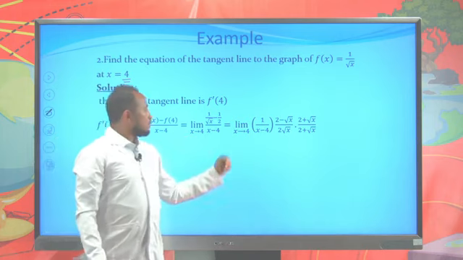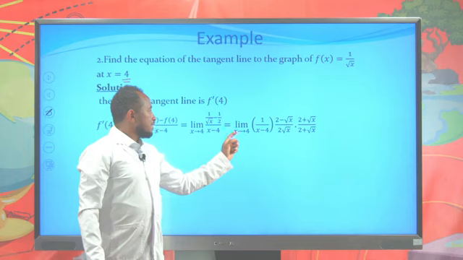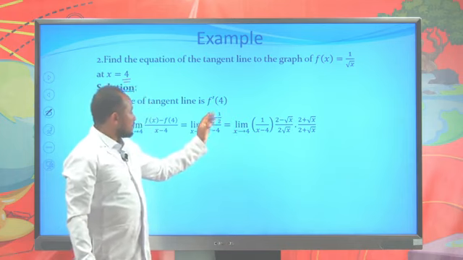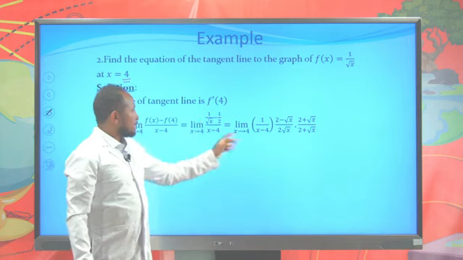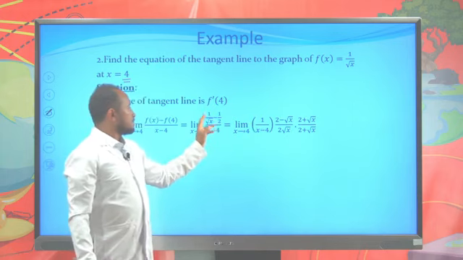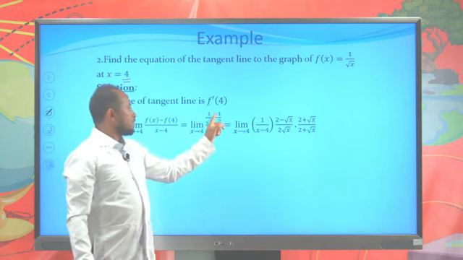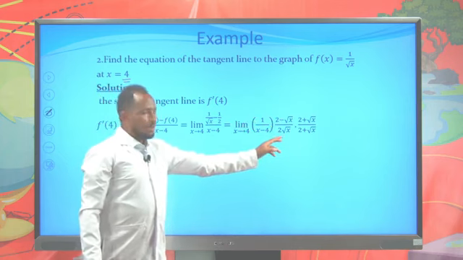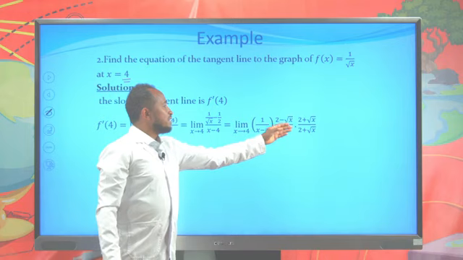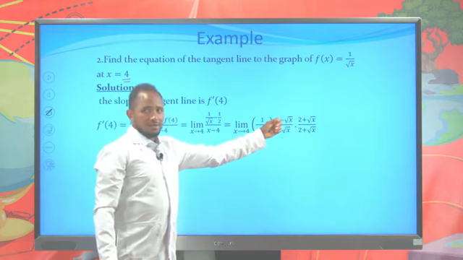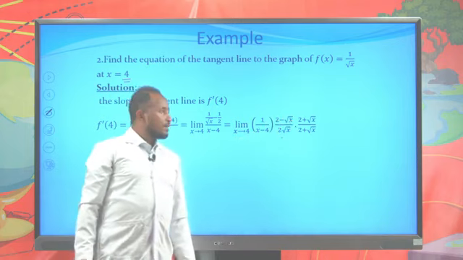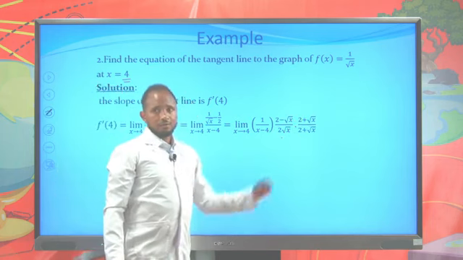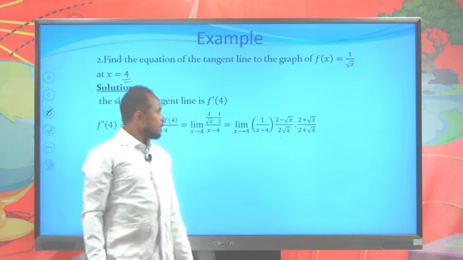This is the limit as x approaches 4. When you simplify this, first let me write 1 over x minus 4 here. And the result will be 2 minus the square root of x over the product 2 root x. To find the limit, we need to rationalize the numerator. To rationalize the numerator, multiply by 2 plus the square root of x.